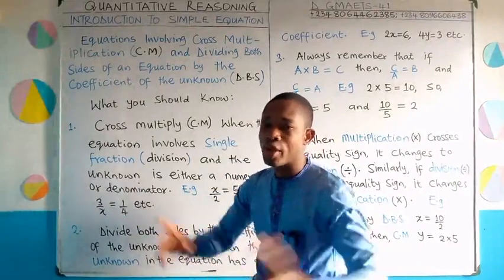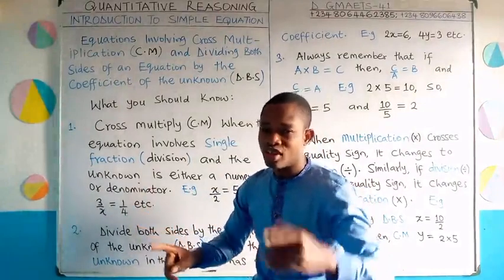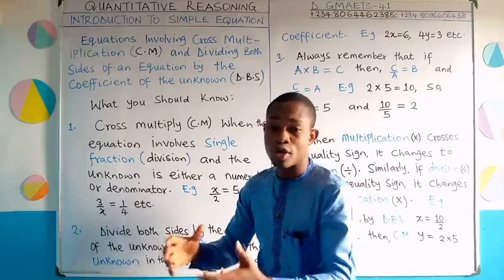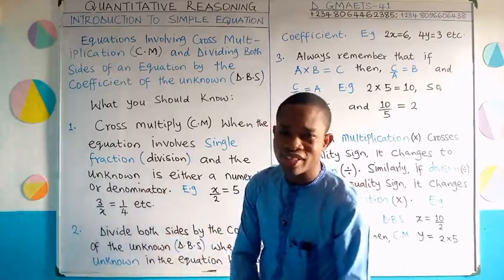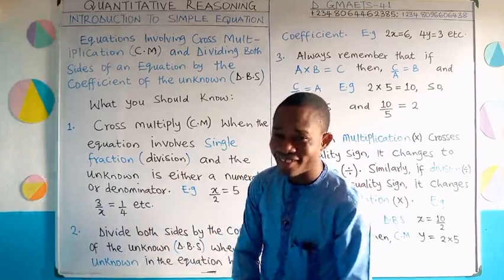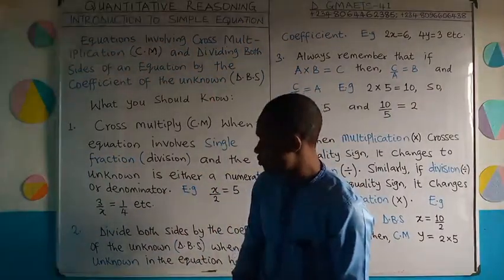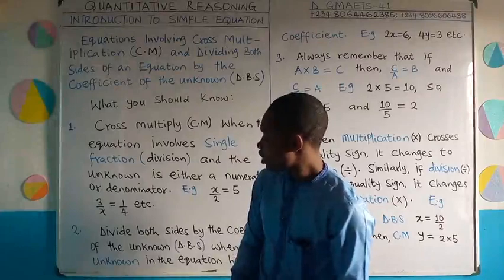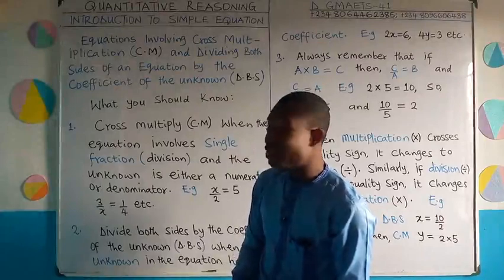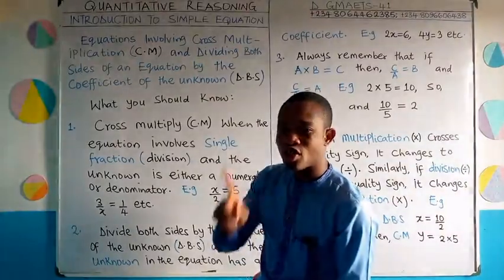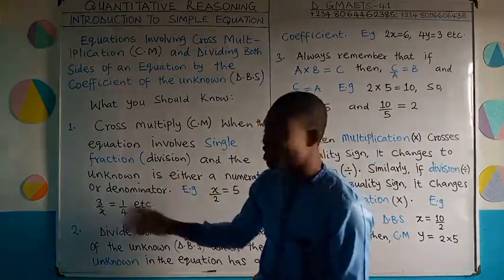In that case, you don't quickly do cross multiplication, you don't do that. We are still going to learn how to handle such problem. We are going to treat that under simple equation properly, okay? Remember, the subject is quantitative reasoning that we are dealing with. So when we talk about single fractions, okay, we just need to see only one fraction on the sign we're dealing with.